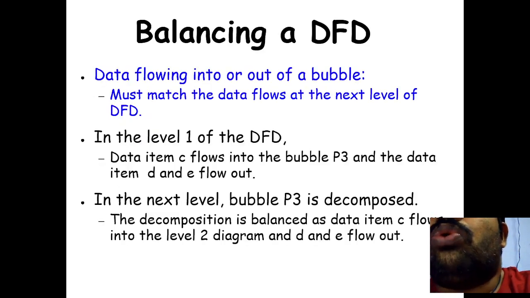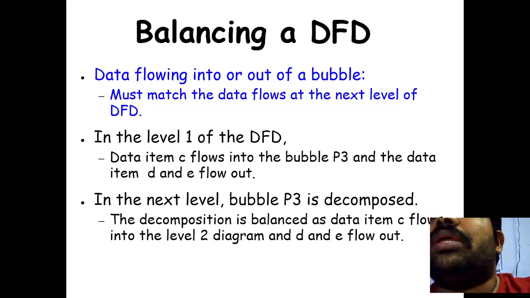Now, how about the balancing of a DFD? Balancing of a DFD means, as we represent the context level DFD, then level 1, level 2, level 3, moving from level 1 to level 2 there must be a continuity of flow. Whatever we represent in level 2 must flow continuously from level 1, so that it is easily understandable.